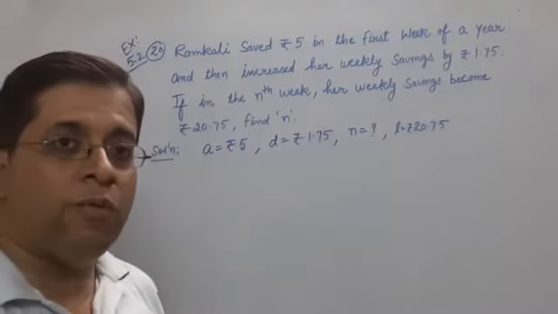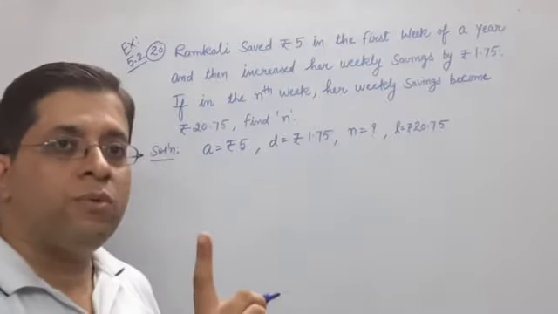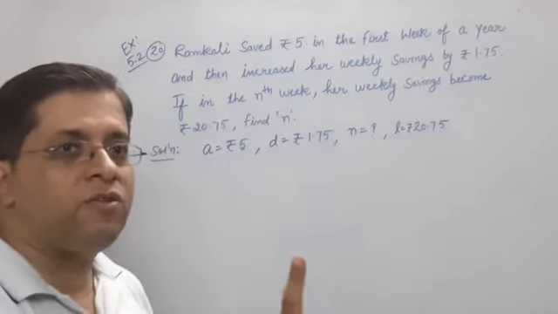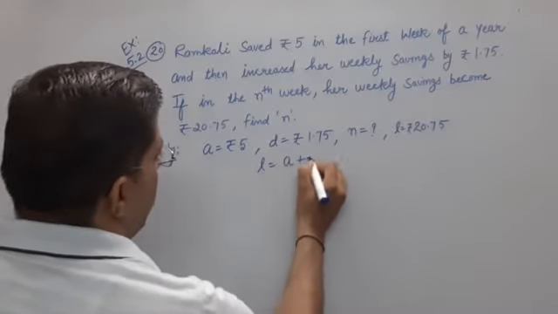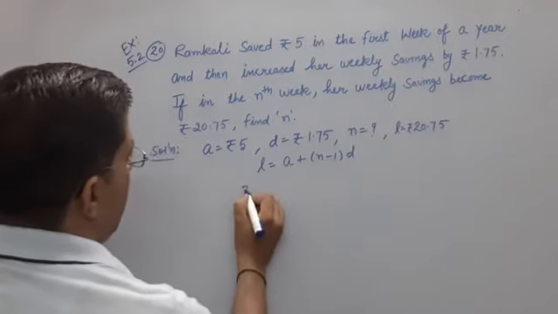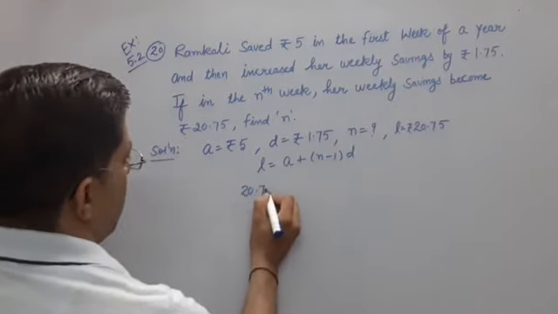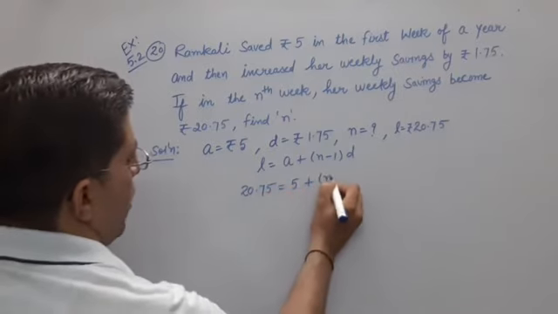Now what will be the formula of the last term? L is equal to A plus n minus 1 D. What is L? 20.75. What is A? 5. N minus 1.